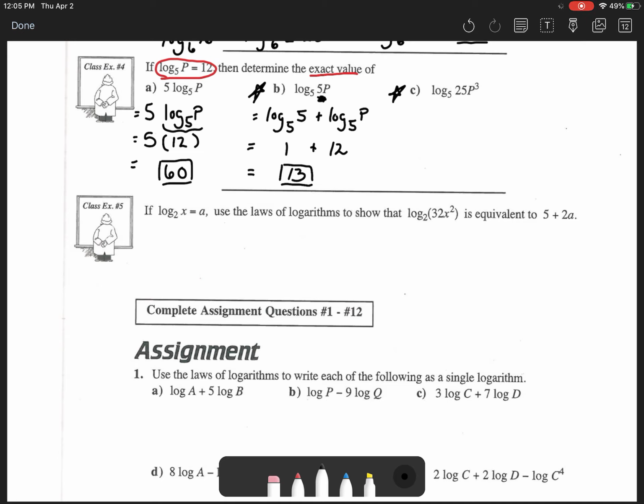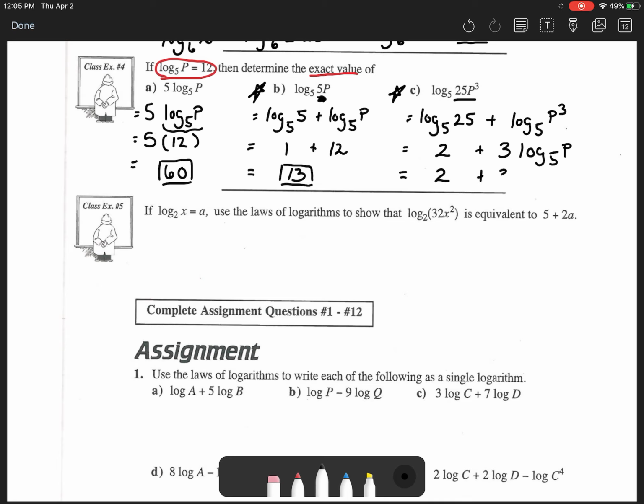Okay, same kind of idea in C. You notice that the argument here is two things being multiplied. So I can go log base 5 of 25 plus log base 5 of p to the exponent of 3. So log base 5 of 25 has a value of 2, plus the 3 that's the exponent, I'll bring it down in front using the power law, log base 5 of p.